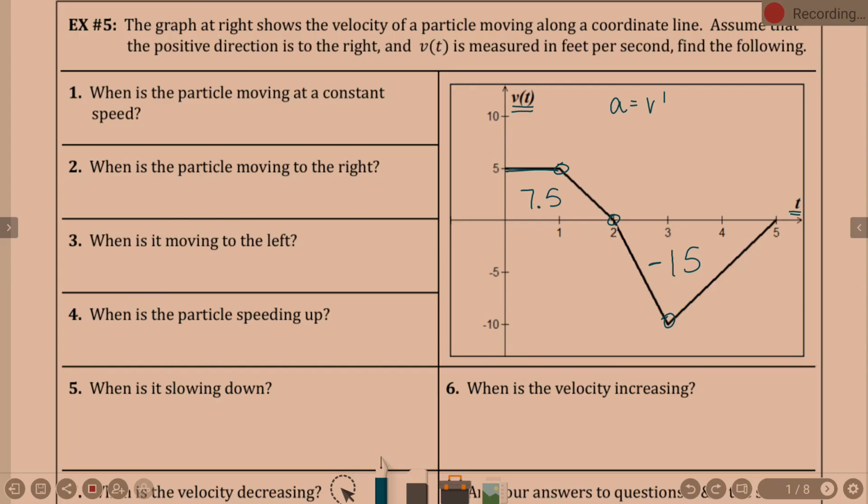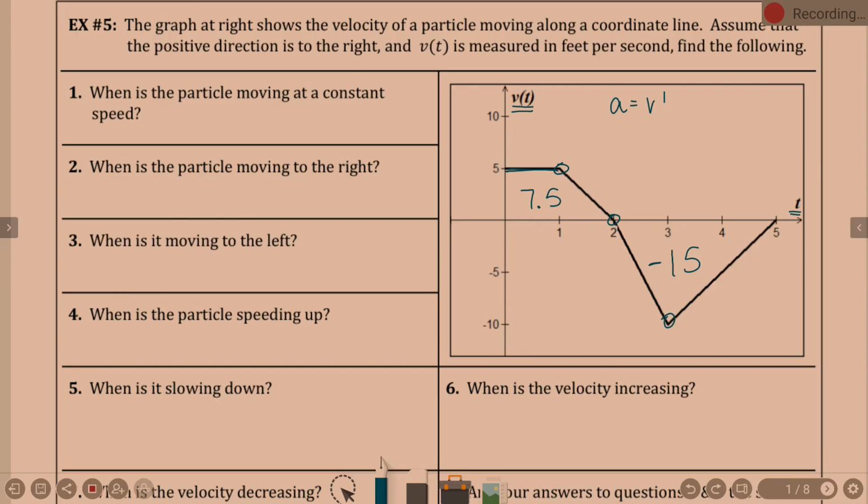I said between 3 and 5. I know the acceleration is positive, and since the negative velocity is going to decrease in magnitude, the speed is going to decrease. Because speed is like the absolute value of velocity.